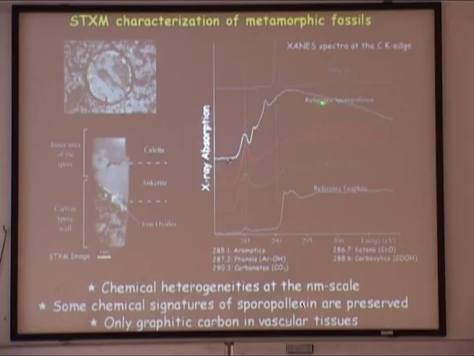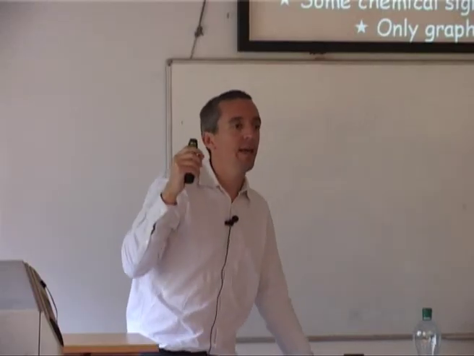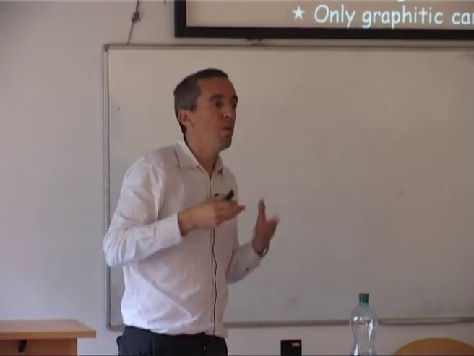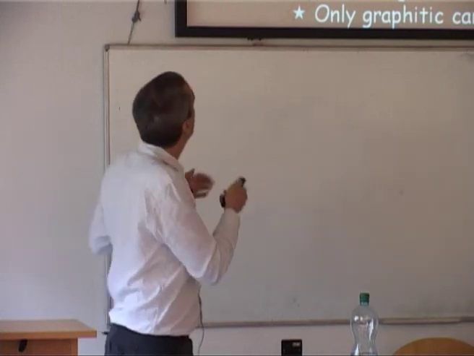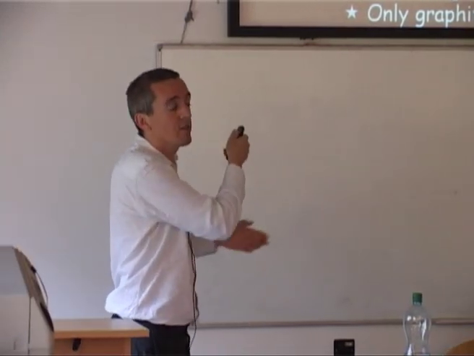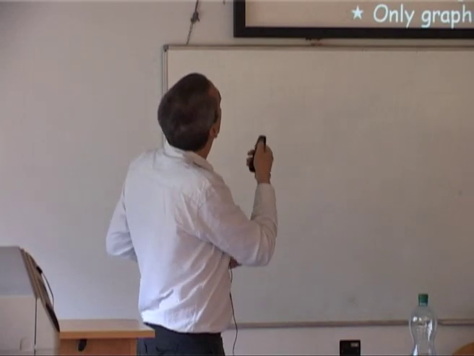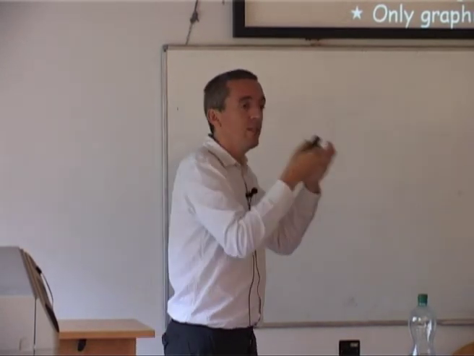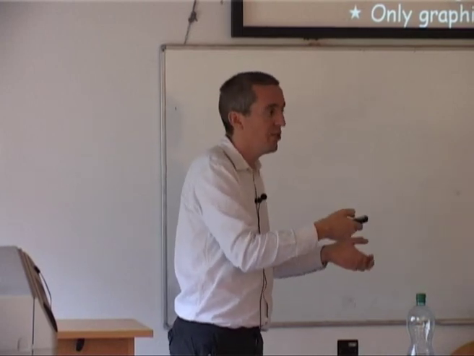If now you compare the red one with this one, they look similar. You find this peak, a piece of this peak, you find this peak here. And this spectrum is a reference spectrum of sporopollenin. Sporopollenin is an organic polymer that composes the walls of pollen grains. Our idea is that initially this was some kind of pollen grain. The cell wall was composed of sporopollenin. Then it got transformed by pressure and temperature.